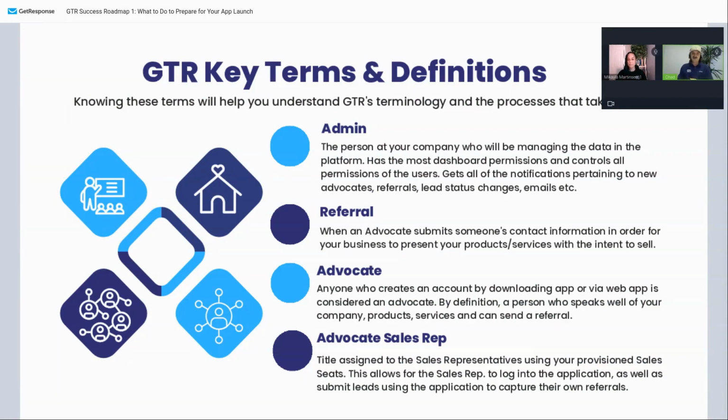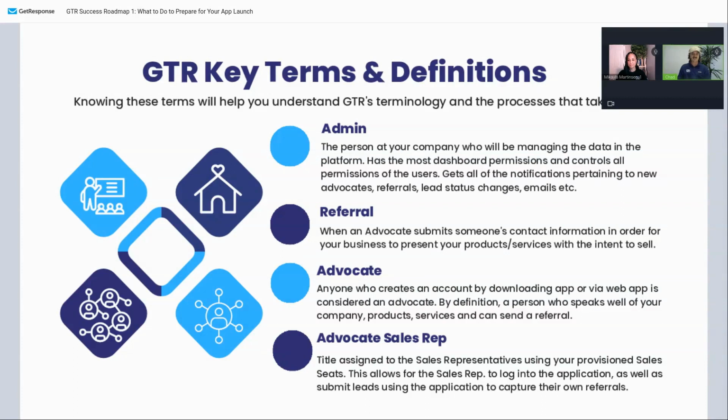So an admin, often you'll hear us say, is a referral champion, someone who is really willing to partner with our team here in customer success to make sure at the end of the day that the app's being talked about daily, users are being collected daily, and more specifically, referrals are coming in from this application daily, right?